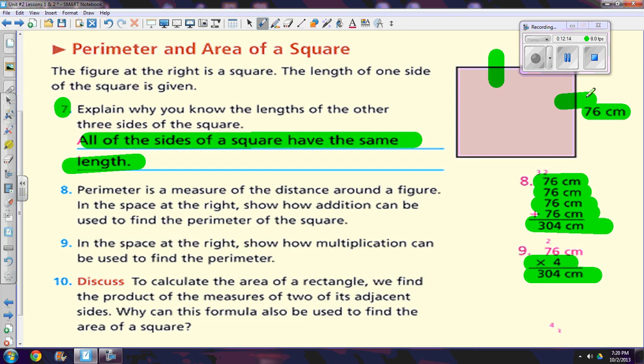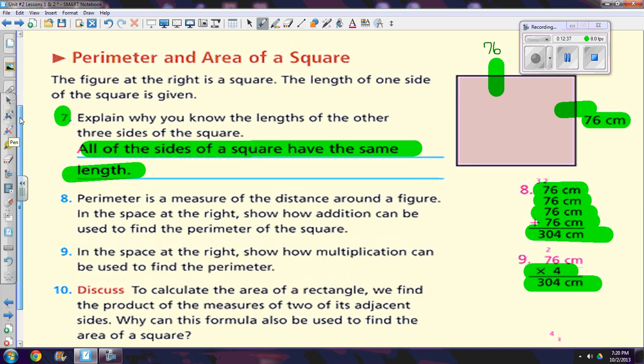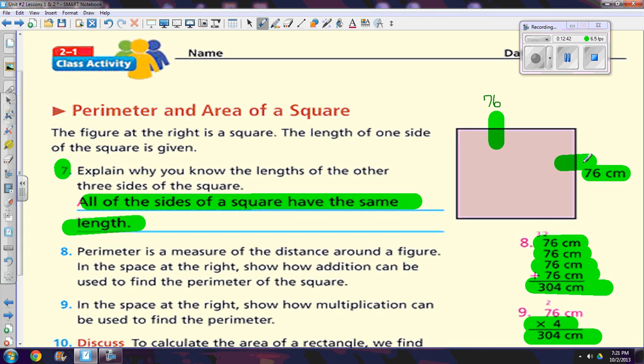So 76, in this case, 76, because it's a square. So it's saying the formula for area of a rectangle could be used really to find the area of a square. That's all it's saying. You don't have to actually copy number 10 down, but that's what it's saying. Adjacent sides, I should say. This is this side and that side.